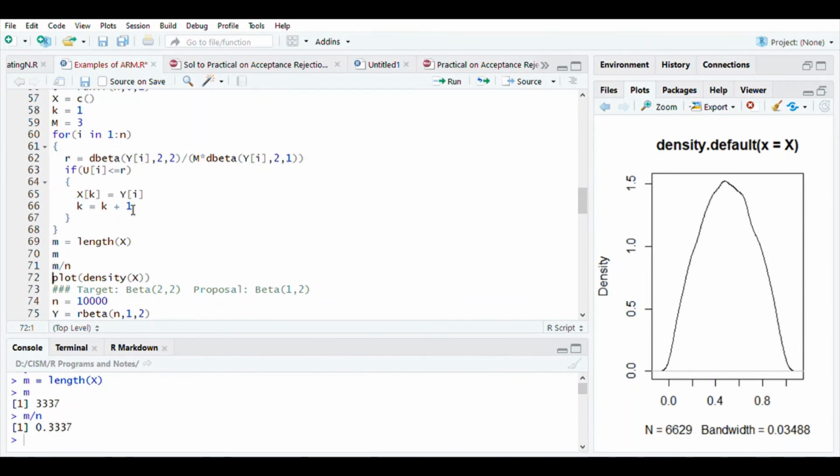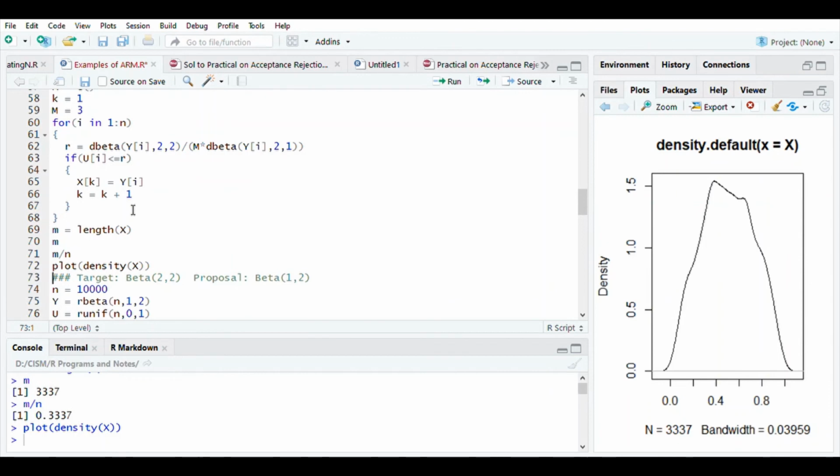It is really low. We have got these observations from the beta, but almost 7,000 observations we have thrown away. So beta(2,1) is not a good choice for generating a random sample from beta(2,2).